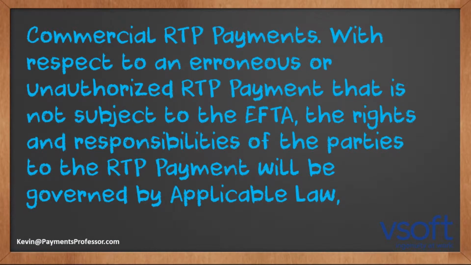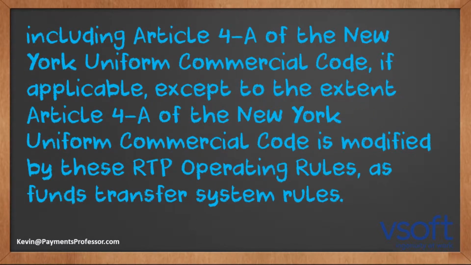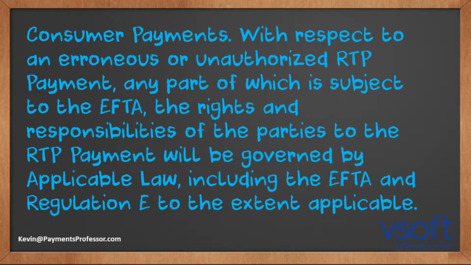Now, I do want to note the rules go further and state cooperation among participants with respect to unauthorized entries in RTP payments, without prejudice to the rights and responsibilities of the parties to an unauthorized or erroneous payment, which are again going to be under UCC 4A or under the Electronic Funds Transfer Act, depending on whether we have commercial parties involved or a consumer involved.